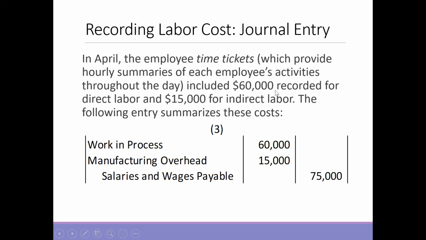The following entry summarizes this. The direct labor goes into work in process. The indirect labor goes straight into manufacturing overhead, and our credit, salaries and wages payable.